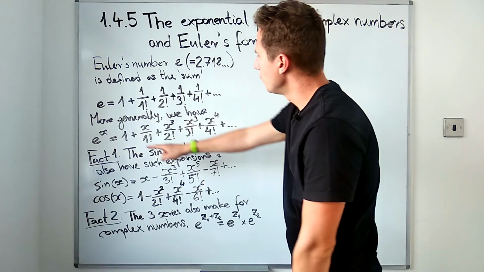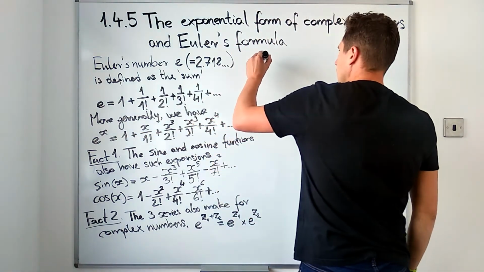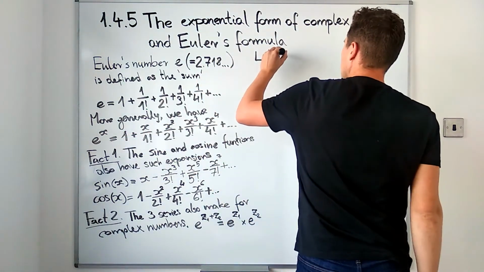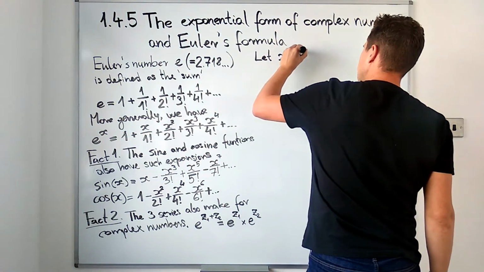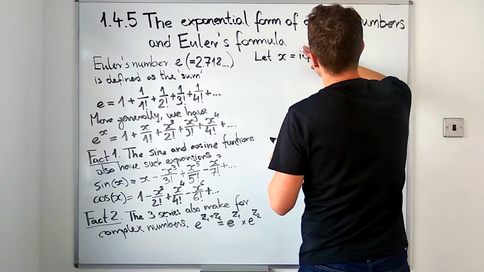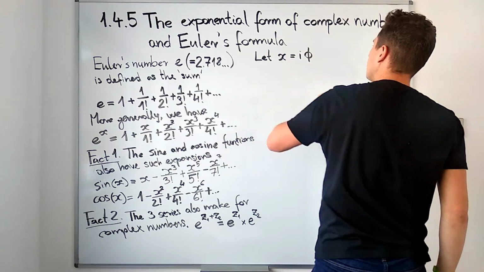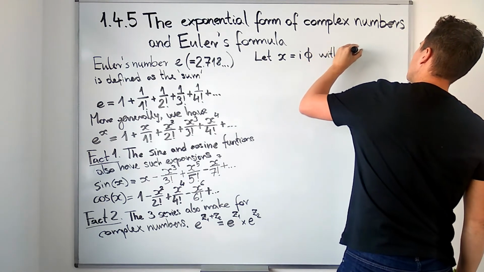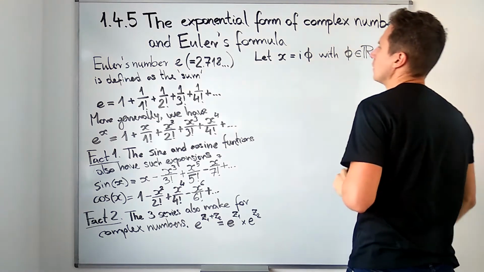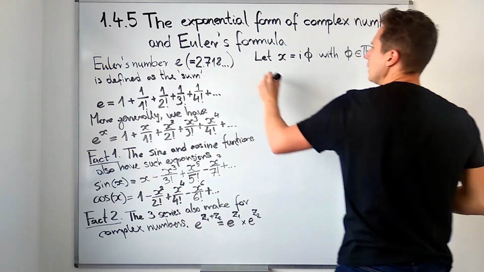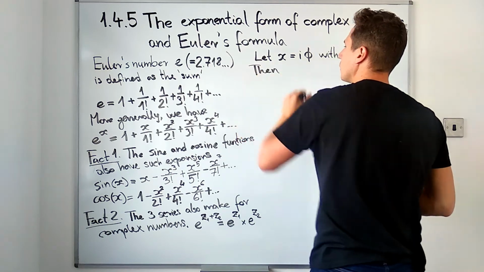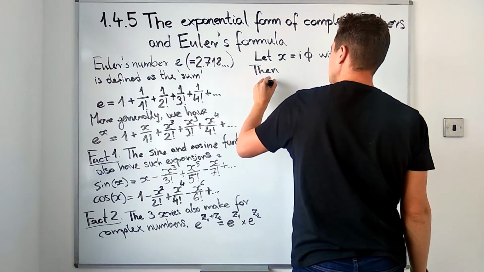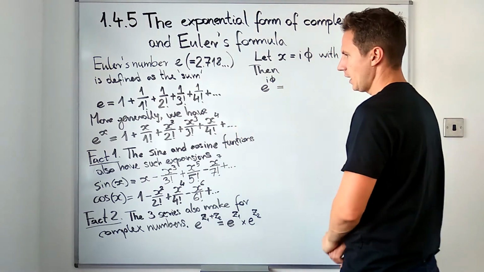We can use these facts, these results, to look at the following. What I would like you to do is to take the series for e to the x, and we'll set x to be i times phi, with phi being some real number. Just plug in i times phi for x, and what you will see is e to the i phi is the following.